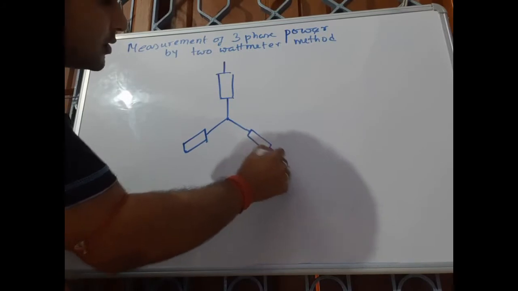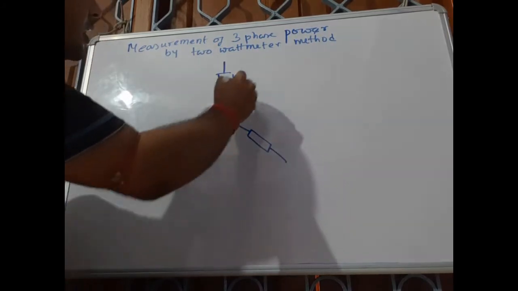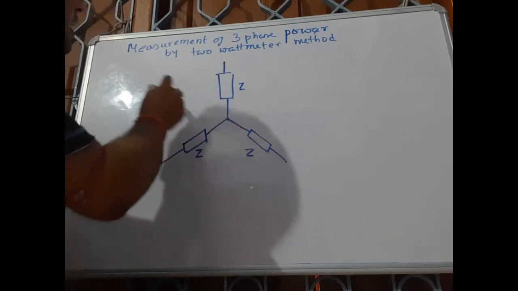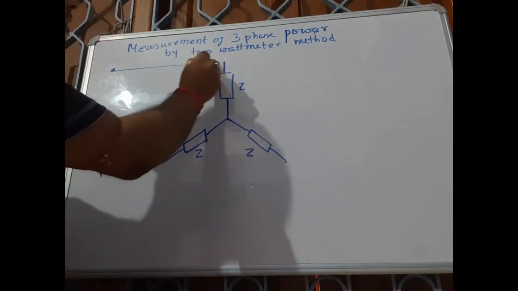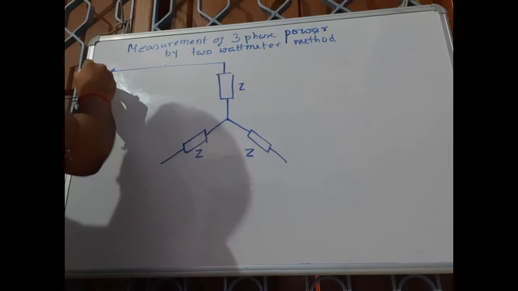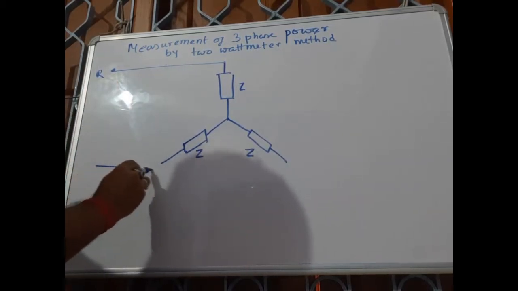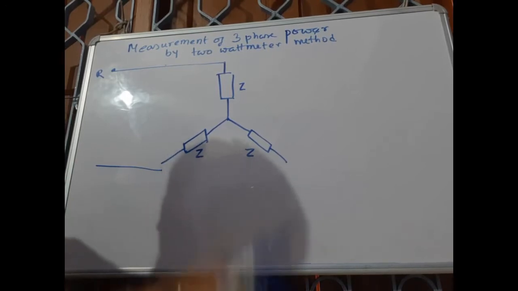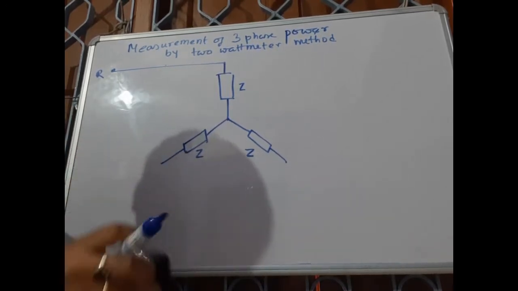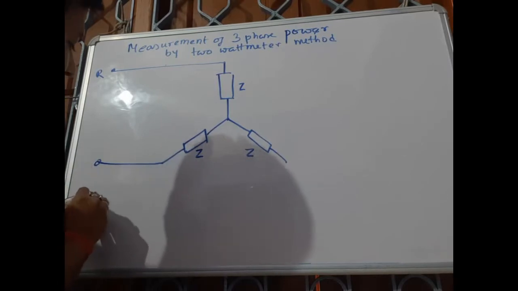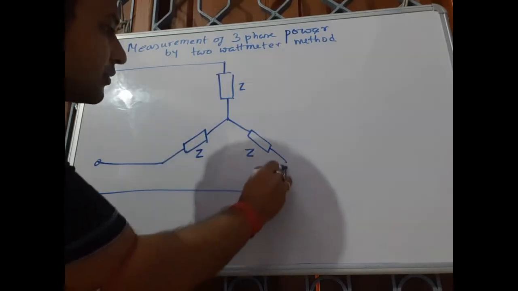Say this is the three-phase load and the impedance of the load is Z, and this is R phase, this is Y phase, and this is B phase.